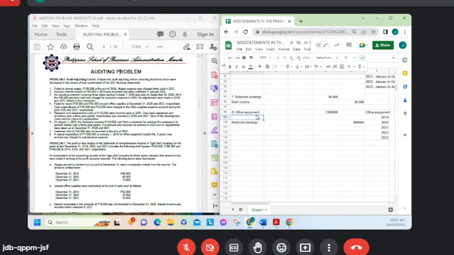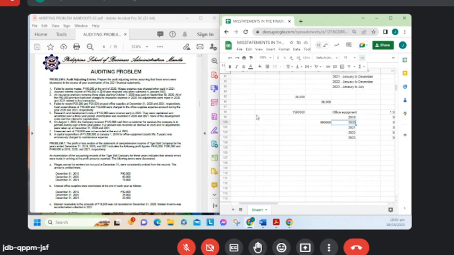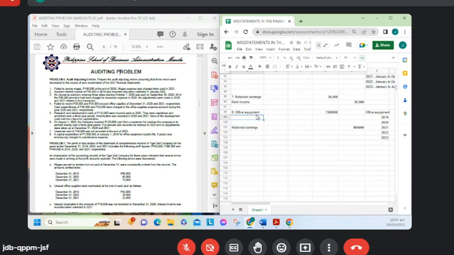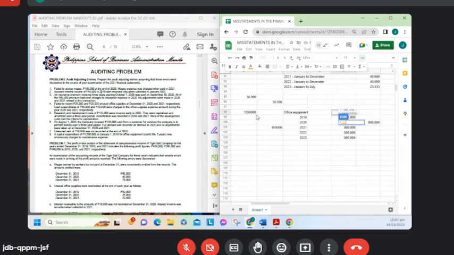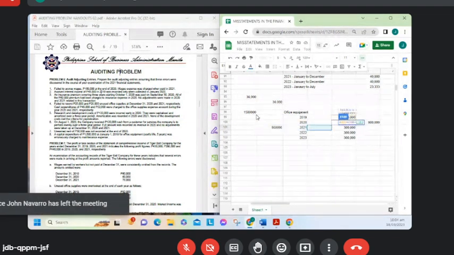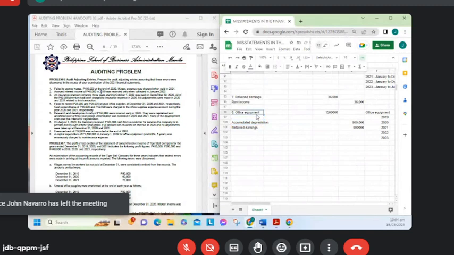And then corresponding adjustment to accumulated depreciation, that's for the 3 years, no? 2020, 2021, 900,000 pesos.